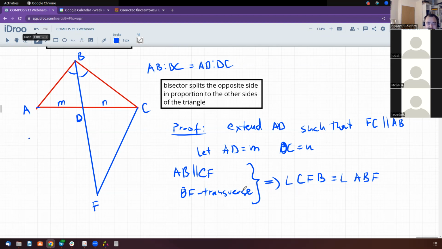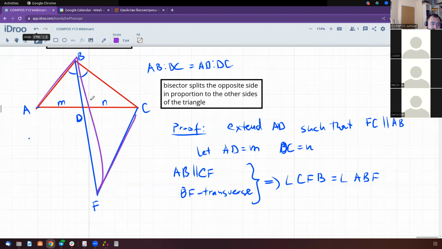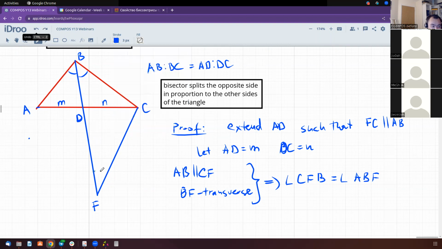Basically, it's Z angles, if you learned in school. So these two angles are the same.